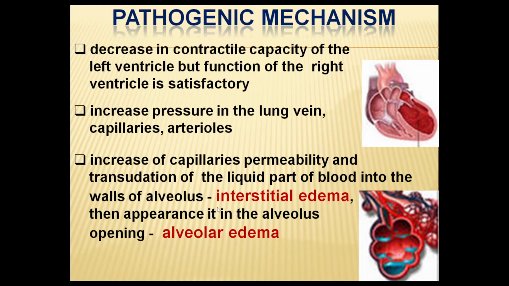We are talking about alveolar edema, which is clinically manifested with lung edema. Gas exchange is upset, because adequate gas exchange is possible due to elastic empty alveoli and adequate blood circulation. With blood delayed and alveoli filled with blood, adequate gas exchange is impossible.